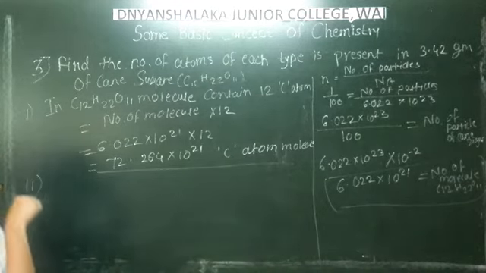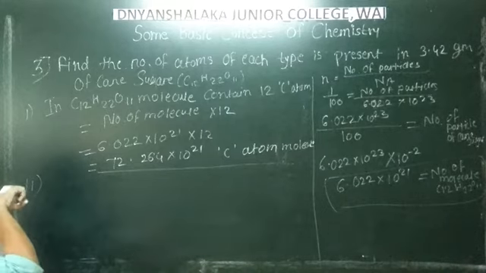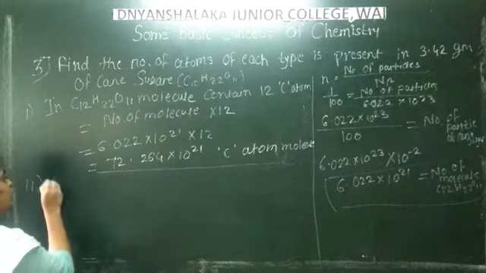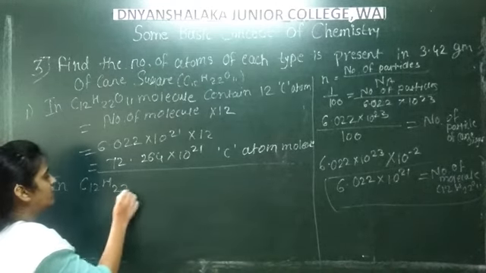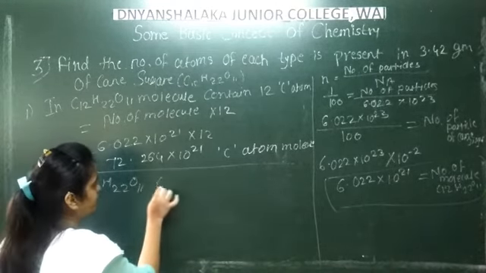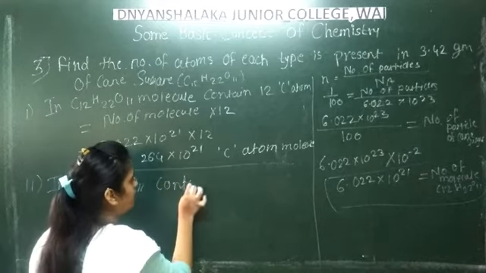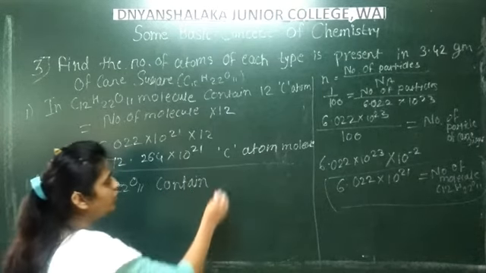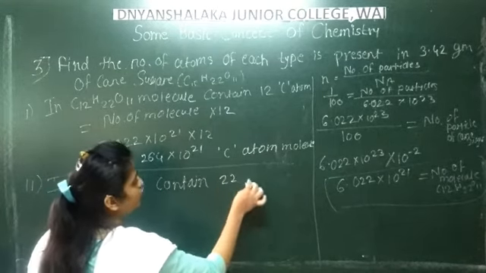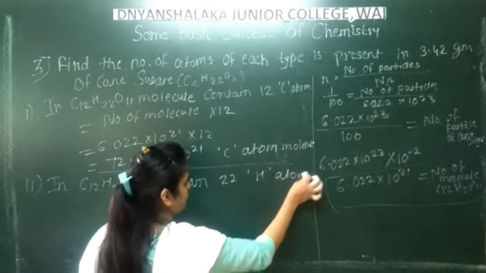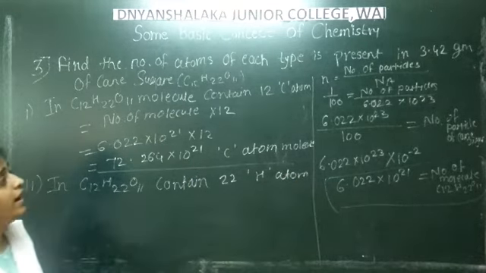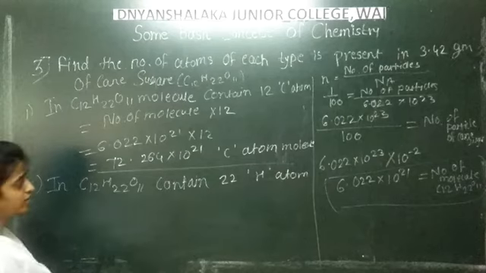Second, we have to find out the number of atoms of hydrogen. A cane sugar molecule contains 22 atoms of hydrogen. So we have to find the hydrogen atoms present in cane sugar.